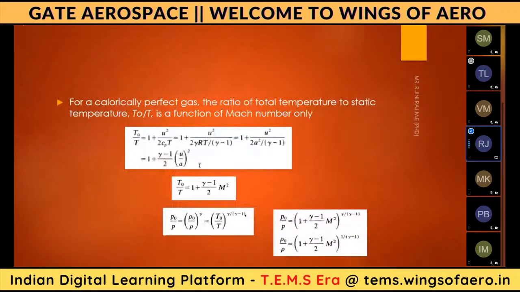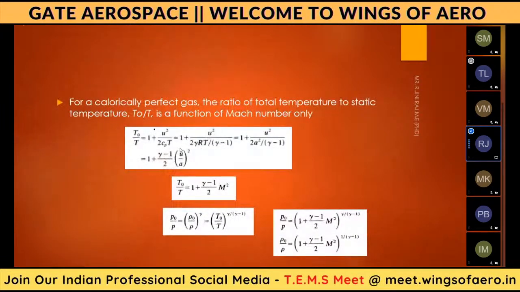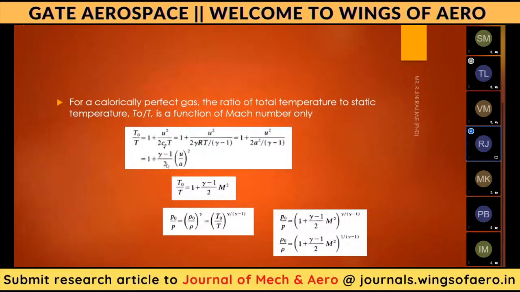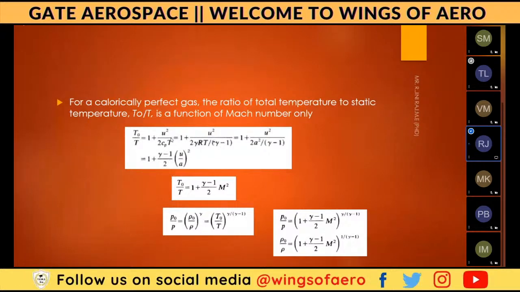After solving, we get T naught by T equal to 1 plus u square divided by 2 into Cp T, where Cp equals gamma R divided by gamma minus 1.